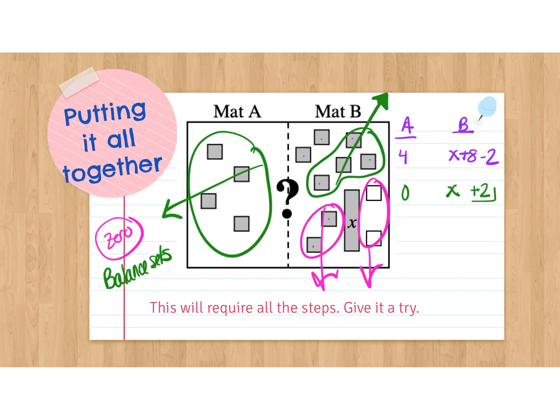We can't have this right here. So what we're going to do is add 2 negative unit tiles. We're going to add the opposite in here. We're going to 0 them out on this side. And that's going to leave us with -2 and X. So X is equal to -2.